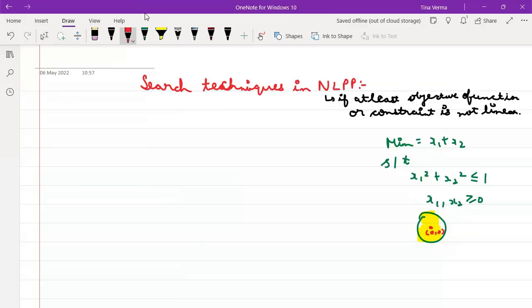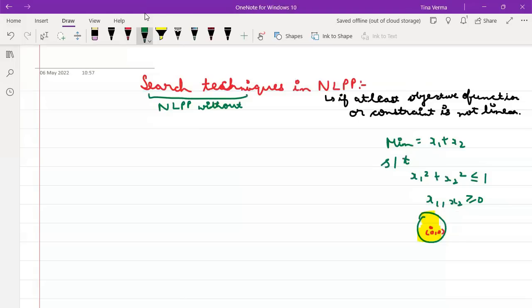So it is quite difficult to find the optimal solution in non-linear case, right? So you have studied in numerical methods that when it is not easy to find the solution, we can go for an approximate solution. So the searching techniques, which are used to find the solution in non-linear programming problem, are based on the approximate solution. And for the searching techniques, we are considering non-linear programming problem without constraints.